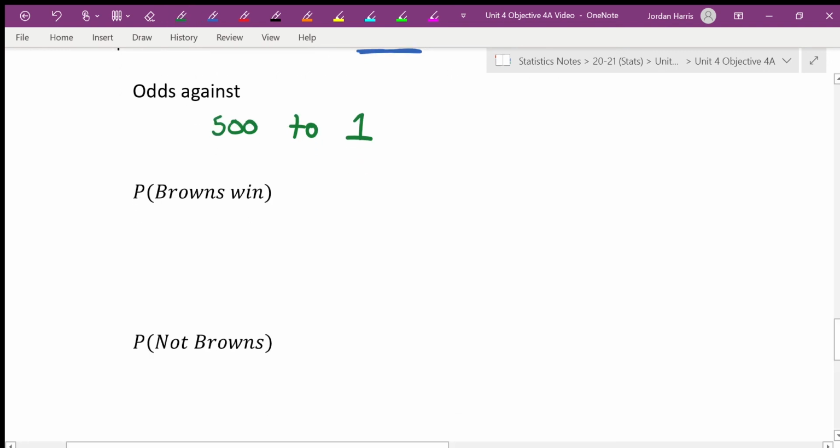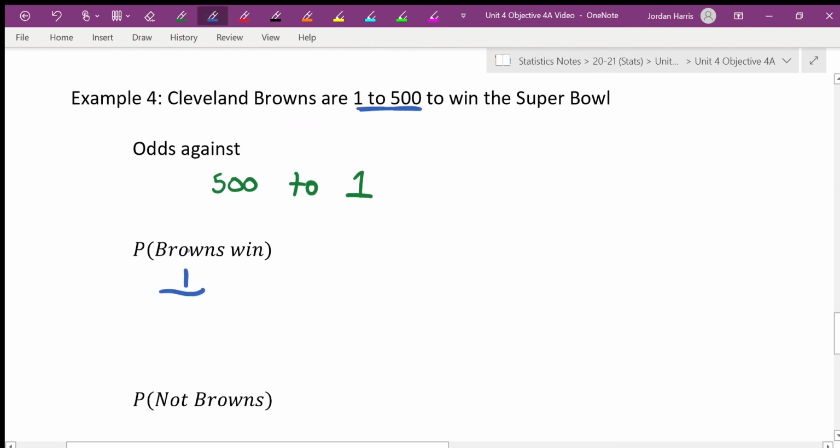But we could also find the probability, which is different. A lot of people misunderstand that. It is different. So if we did this, we'd be 1, right? We're using the original odds here because that's the odds for them winning. So 1 divided by the sum of them. So 1 over 501 is the probability, which we can then divide, and you get 0.2%.